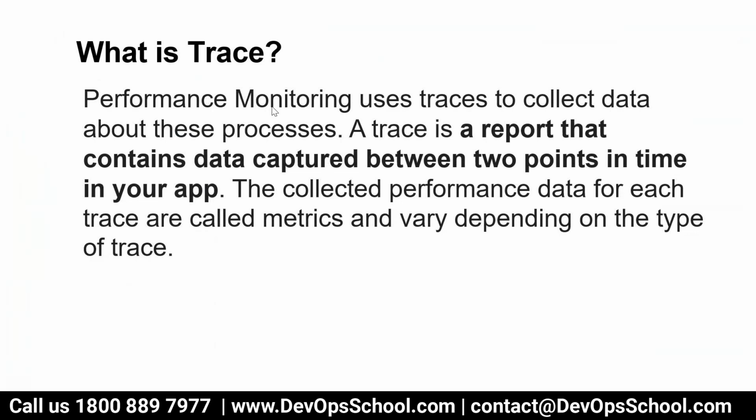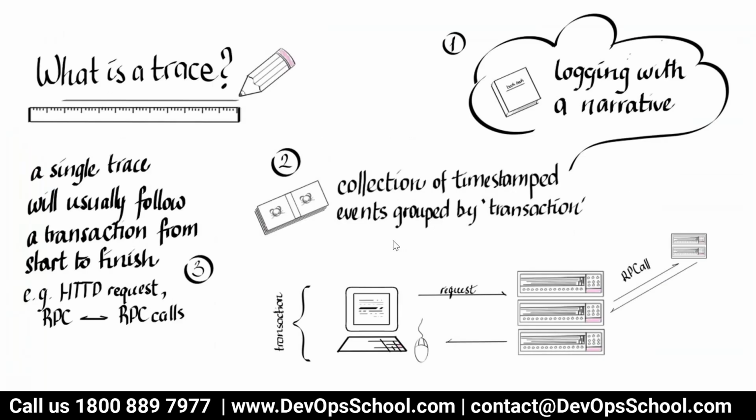Trace performance monitoring uses traces to collect data about this process. A trace is a report that contains data captured between two points in time of your app. The collected performance data for each trace is called metrics, and varies depending on the type of trace. Okay, look at this here.